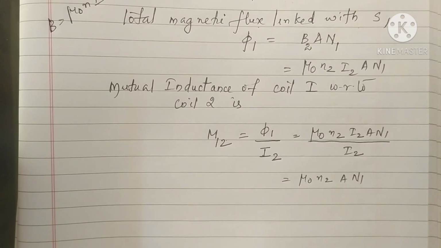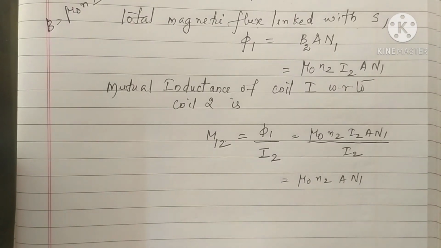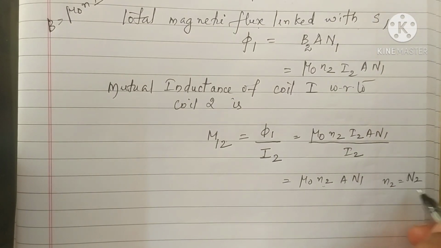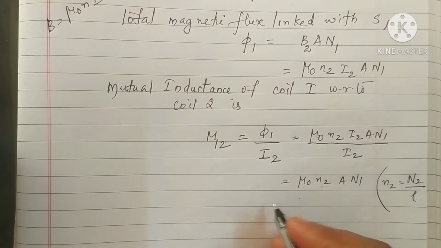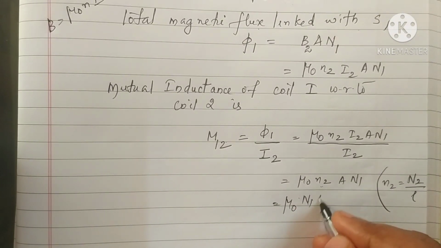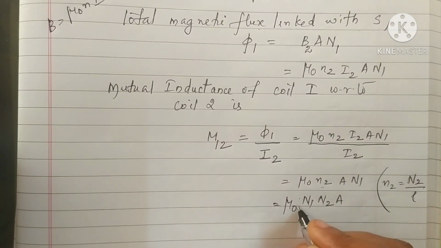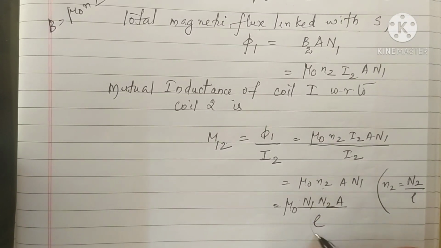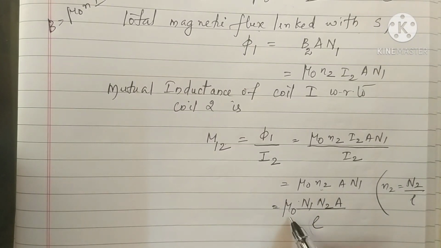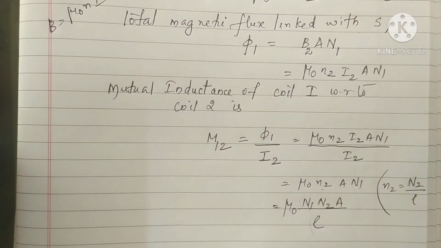Clear for you? So here this N2 can be changed. How? Small n2 is capital N2 by L, isn't it? So this will change to mu naught N1 N2 A by L. Clear for you?